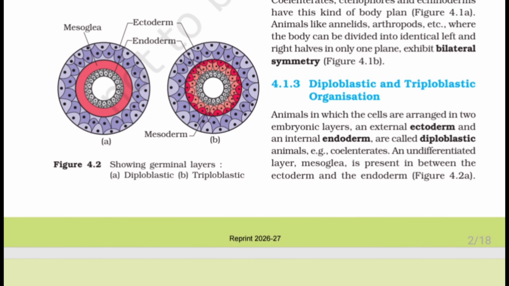Then, diploblastic and triploblastic organization. Animals in which the cells are arranged in two embryonic layers, an external ectoderm and an internal endoderm, are called diploblastic animals. Example, coelenterates. An undifferentiated layer, mesoglea, is present in between the ectoderm and endoderm, in figure 4.2a.